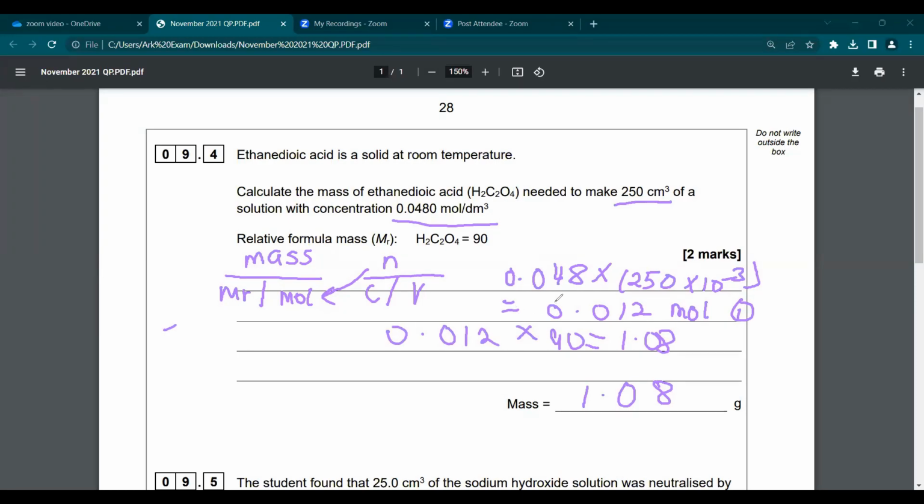So we're going to use the significant figures given to us in the question. So we're not going to include this. We're going to use the figures that they actually wrote in the question. So here 0.0480 has 3 SF, and so does 250 centimeters. So that's why.